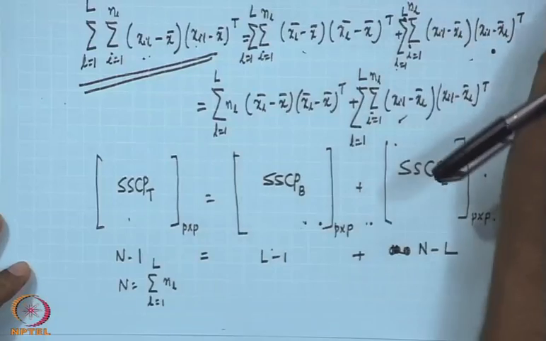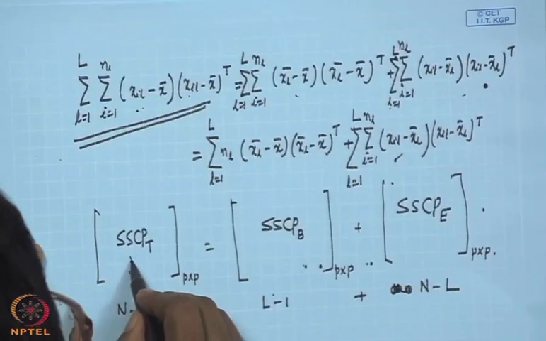So, in ANOVA we partition SST into SSB and SSE. In MANOVA we partition the sum square cross product matrix of the total into between population and error, correct.